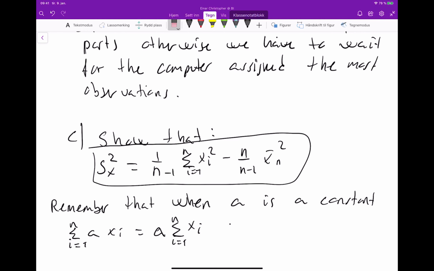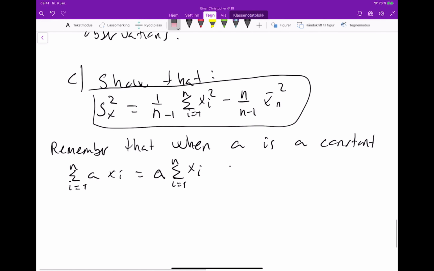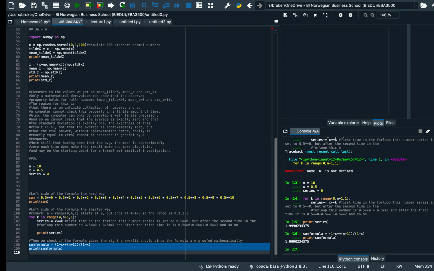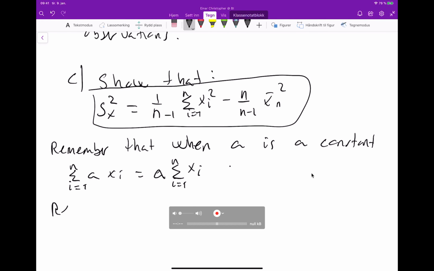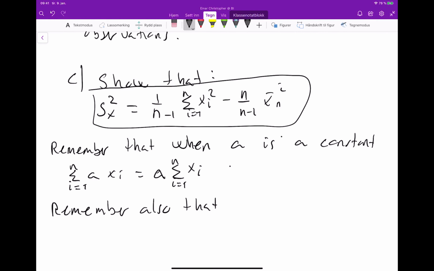And remember also, because I'm going to use it, that xn bar equals 1 divided by n, sum of xi, i equal 1 to n.